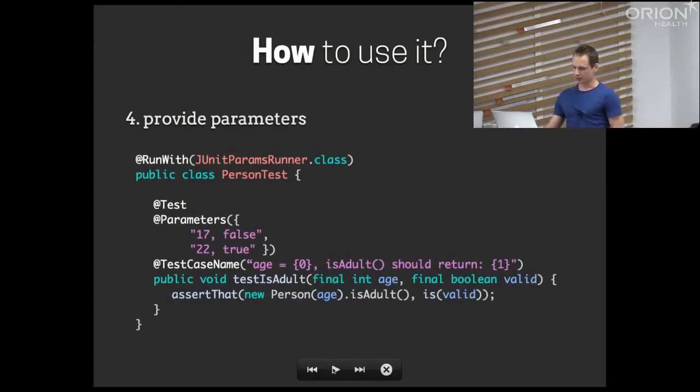This is the easiest way of providing parameters, just inline using an annotation. And I find it very handy for a small number of primitive parameters. And notice there is no need for any instance fields or constructor like with the built-in runner. Additionally, you can provide a test case name, which can have placeholders for the particular parameter values, and it enables us to have a human readable description in the test results, and makes it easier to identify which particular case failed should there be any failures.